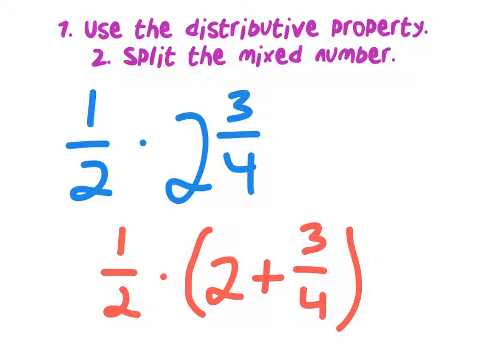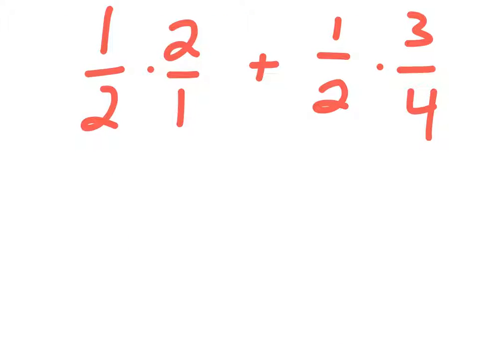From here, we're going to use our distributive property that we learned in chapter 1, and we're going to distribute the 1/2 to the 2, and then we're going to distribute the 1/2 to the 3/4, and then we're going to add them together. So, see what I've done. I've done the 1/2 times the 2, and we need to add the 1/2 times the 3/4.